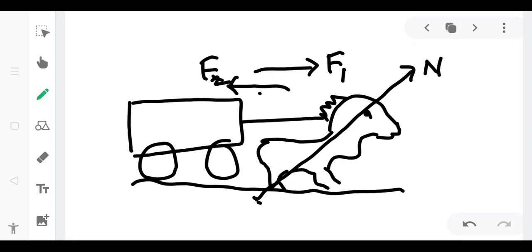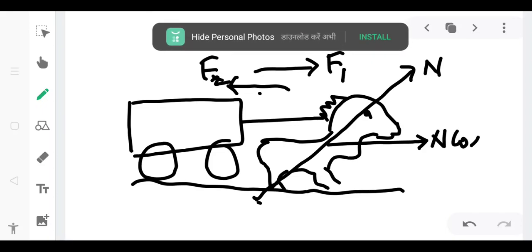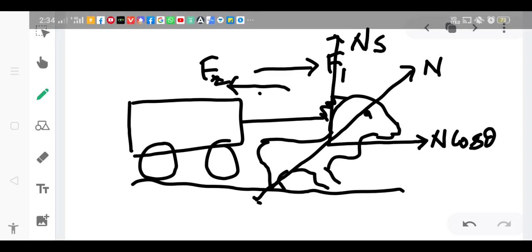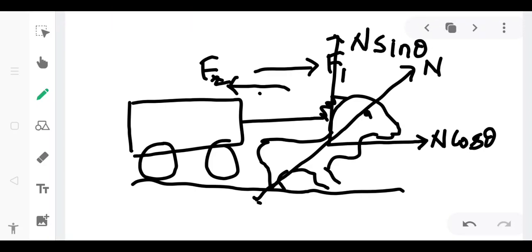It will have two components. One is the horizontal component, that is n cos theta, and this will be the vertical component of the normal force, that is n sin theta. This vertical component of the normal force is balanced or cancelled out by the weight of the horse.